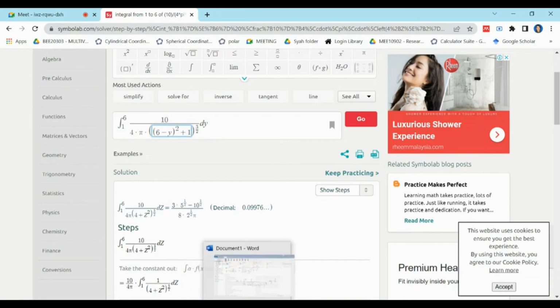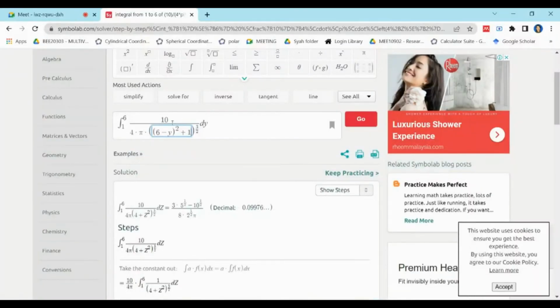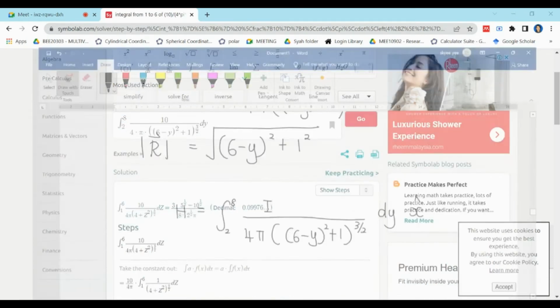Here the I is 10. Oh yeah, this one you have to change because it is from 2 to 8.